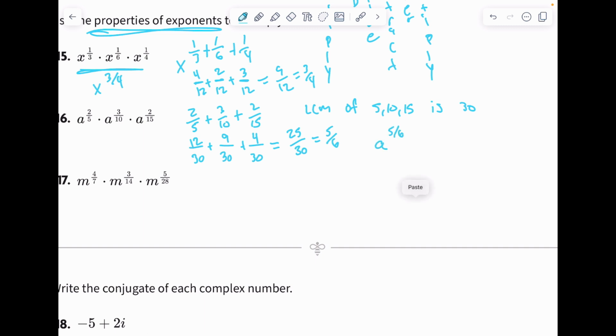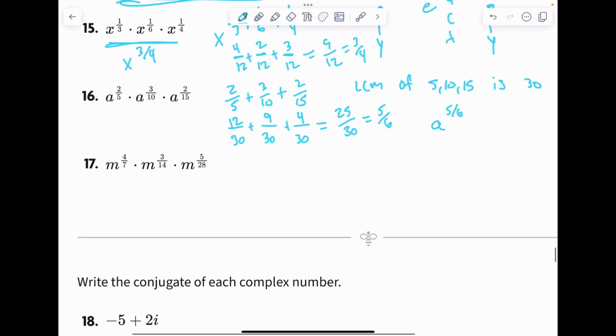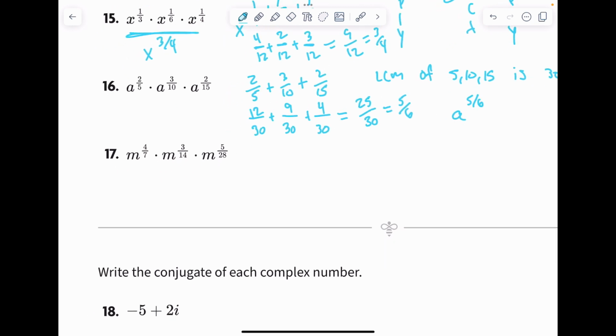Same thing here. I am adding those fractions up: 4/7 plus 3/14 plus 5 over 28.